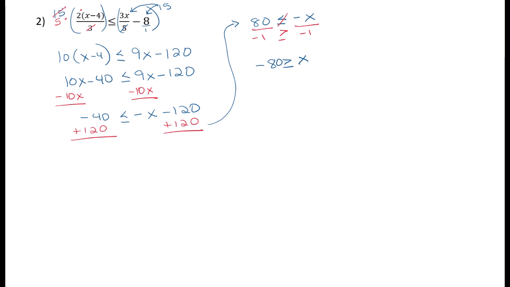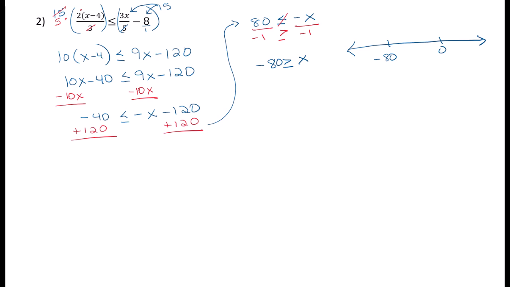A lot of people learned when you're graphing an inequality, we'll put our 0 here and we'll just say negative 80 is there. That we would look at this inequality and it will point to the direction that we would need to shade. That's not the case if x is on the right-hand side.